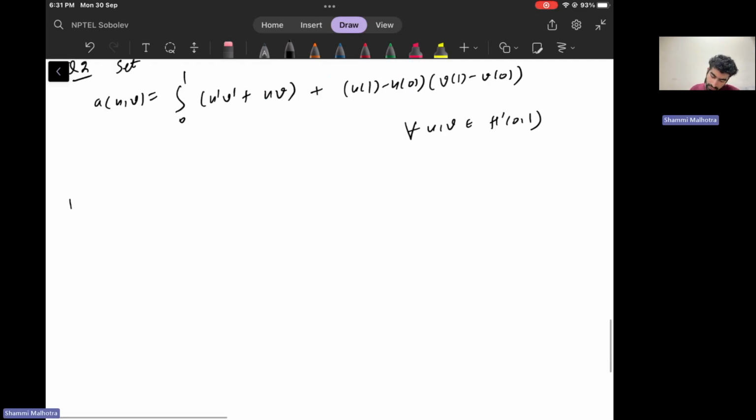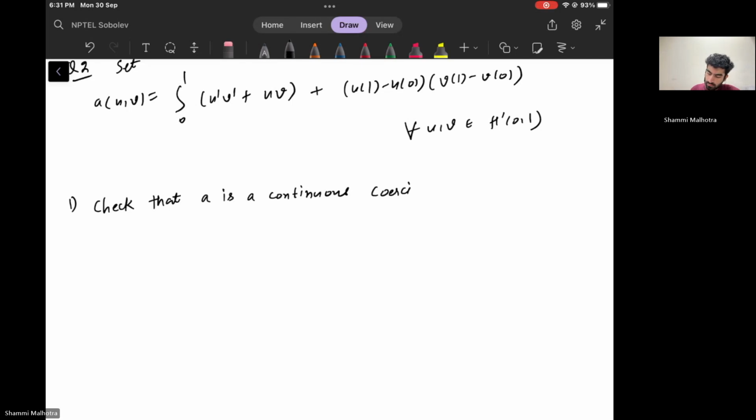The first thing we have to check is that A is a continuous, coercive, bilinear form on H^1(0,1). Okay, so we'll first have to prove this is coercive.